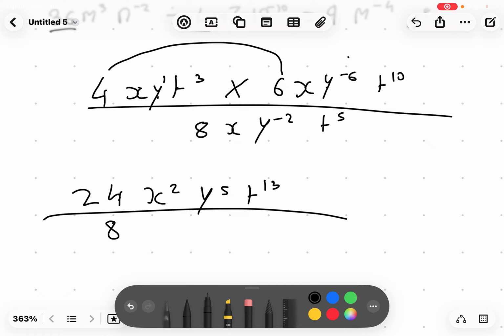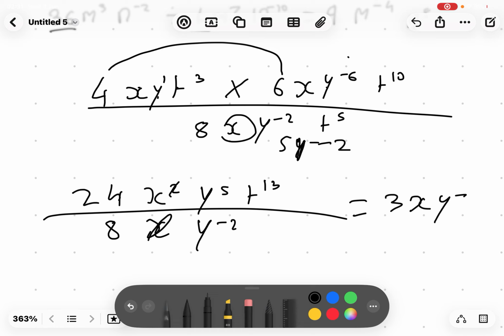After that we have our x, so x, this one goes away, then I have negative 2, and negative 2 with 5 is going to become y to the 7.